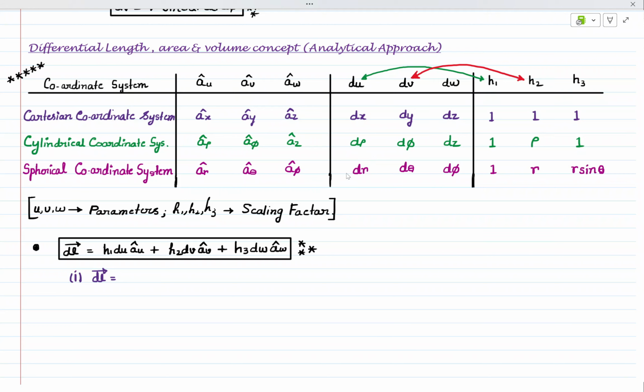And, another color, let me take another color. With dw, I am pairing the H3.